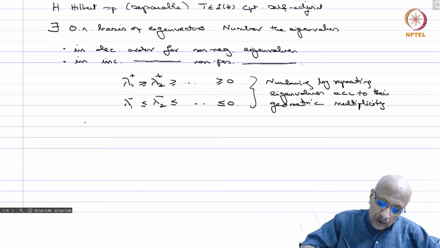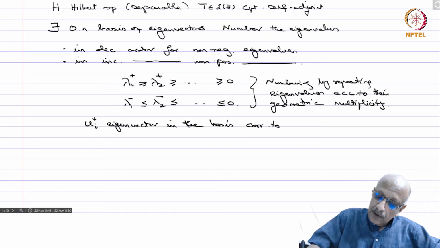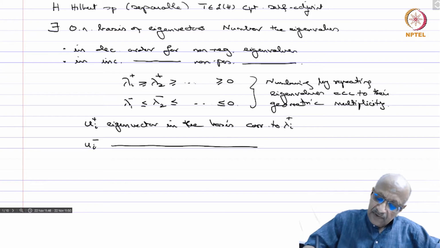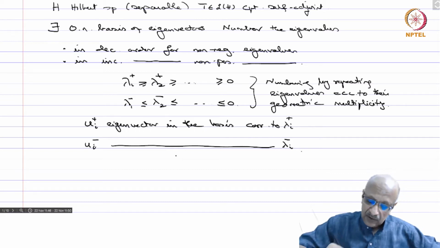So u_i plus is the eigenvector in the basis corresponding to lambda_i plus, and u_i minus is the eigenvector in the basis corresponding to lambda_i minus. So these are all the eigenvalues and eigenvectors which we have.